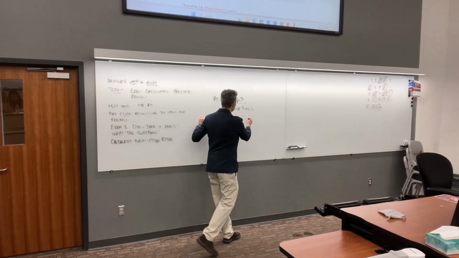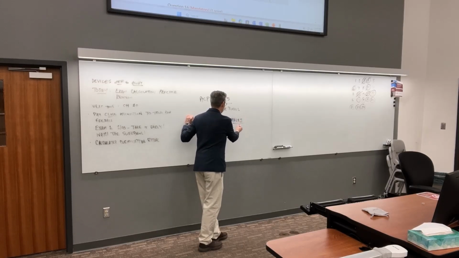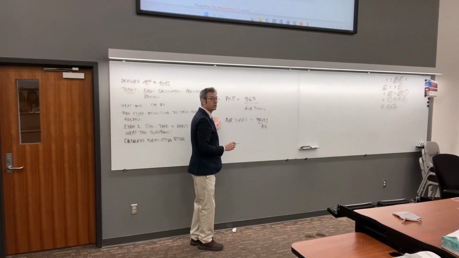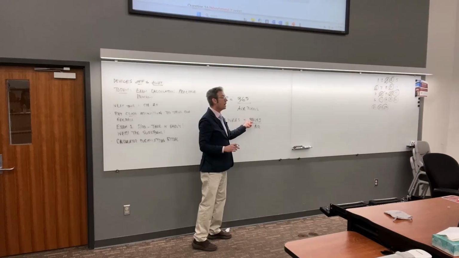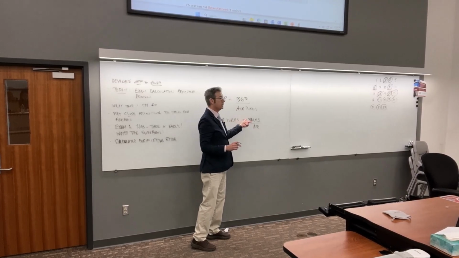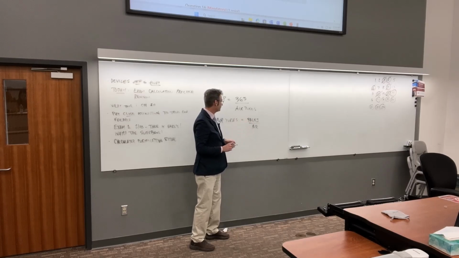Sales divided by what? Ooh, close. Sales divided by accounts receivable. Now remember, when we're doing inventory turns, we use cost of goods sold. But when we're doing AR turns, we use sales because of the apples to apples thing. These are both retail numbers.